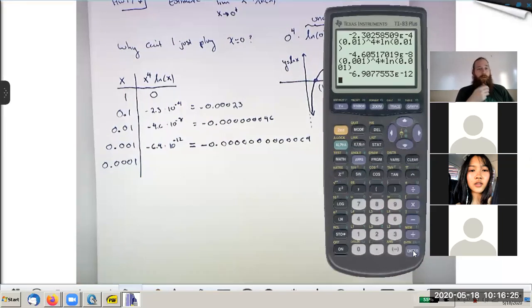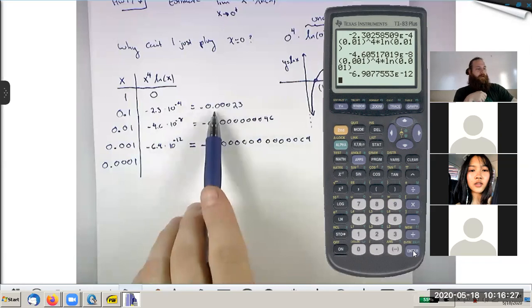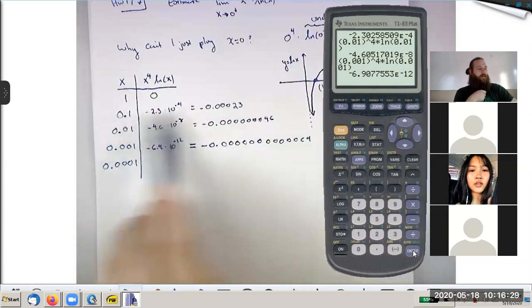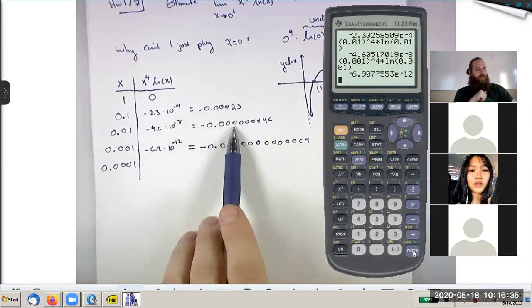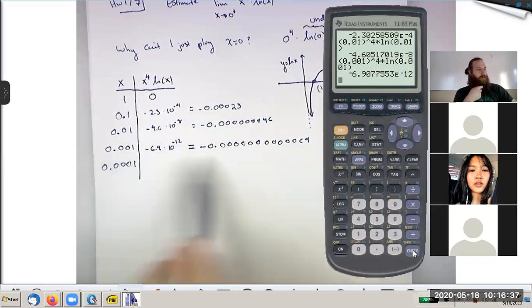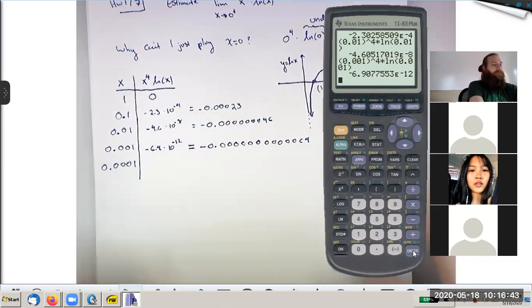So this limit is starting out here as x gets closer and closer to 0, right? At 0.1, the output is this. At 0.01, the output is this. At 0.001, the output is this. These outputs are very quickly getting closer and closer to 0.